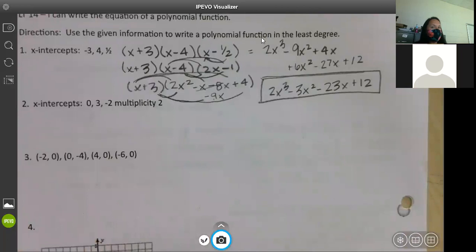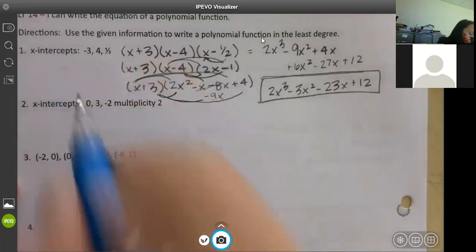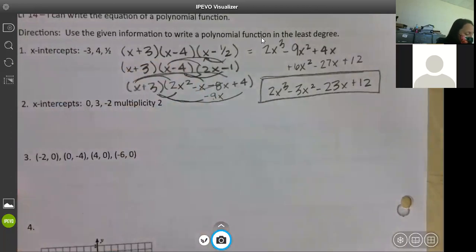All right. We have x-intercepts of 0, 3, and negative 2 with a multiplicity of 2. What's really crappy about this one is she gave you 4, so it's even more multiplying. Okay. Everybody got that? Sorry. So what do we have? Right here. If my answer is 0, what is my factor?